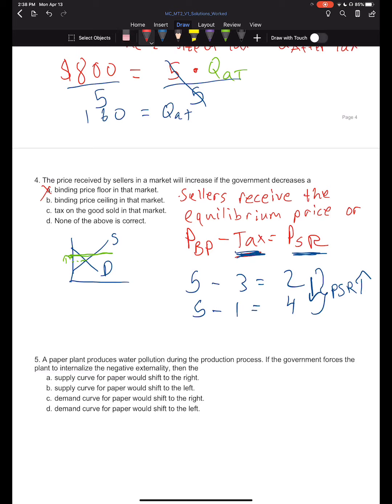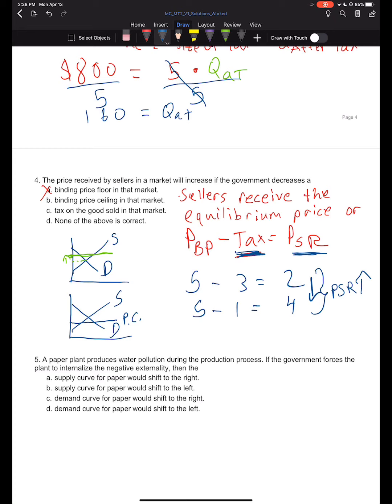If you decrease a binding price ceiling, well, a binding price ceiling is where? A ceiling only binds when it's below equilibrium. So when I put a price ceiling in the market, I lower the price sellers receive.